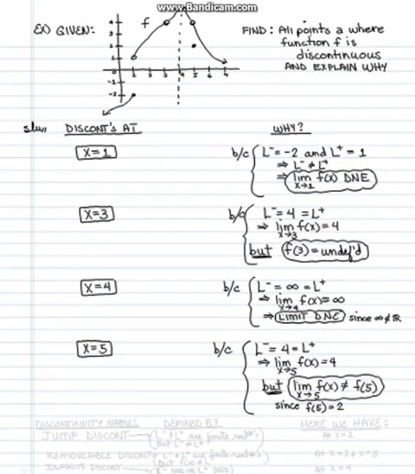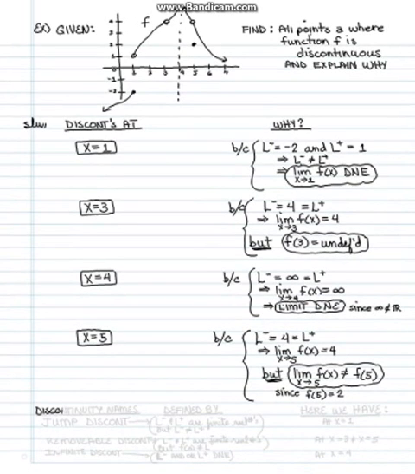Now let's extend the screen and look at the names of these discontinuities. Discontinuity name, and how do we define these types of discontinuities, and which of the examples here have these types of discontinuities. The first type of discontinuity is called a jump discontinuity, and you can see from the graph what it's talking about here.